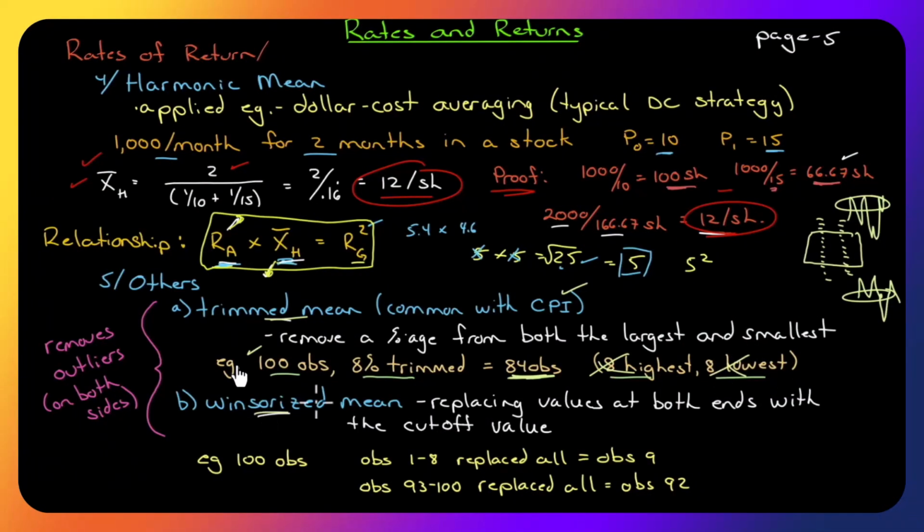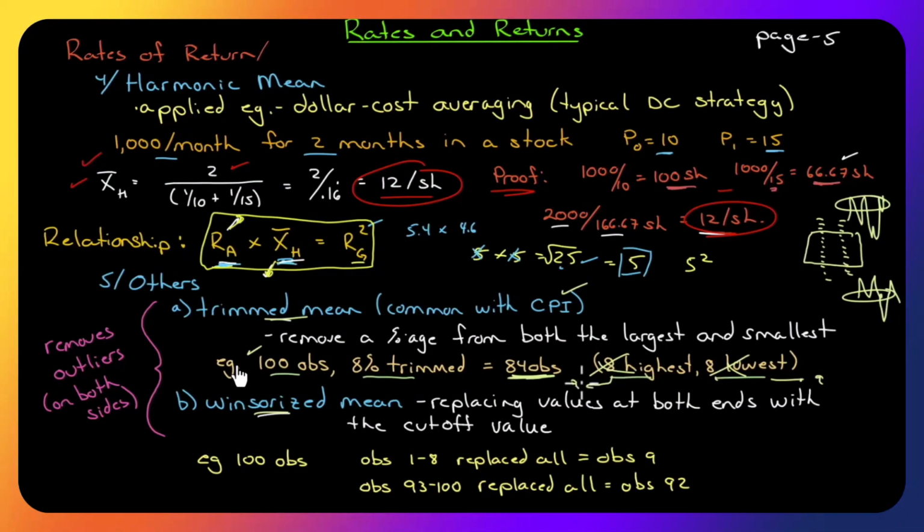A Windsorized mean will do the same thing, but it'll say, whoa, whoa, whoa. With these 8 highest, make them all equal to the 9th highest. With these 8 lowest, make them all equal to the 9th lowest. So it doesn't get rid of them, it just changes the value of them to all be equal to the next highest one.